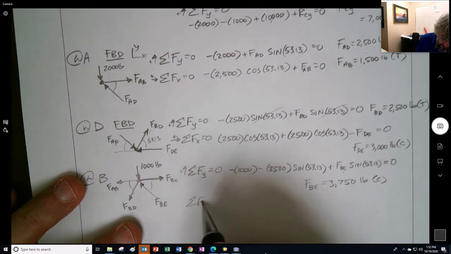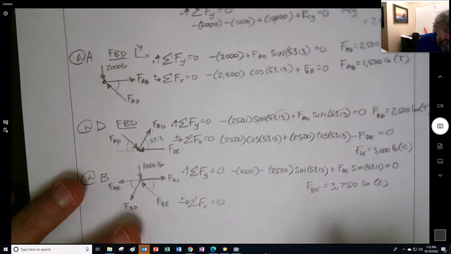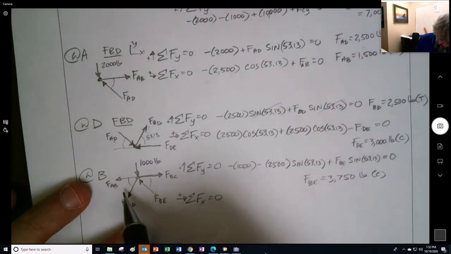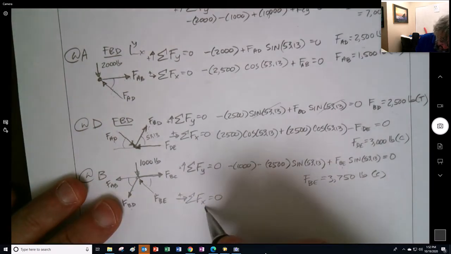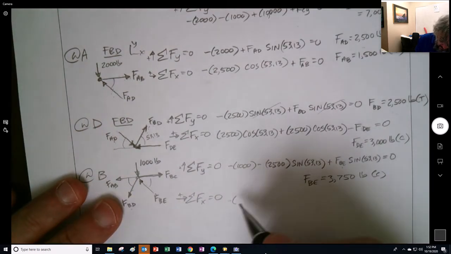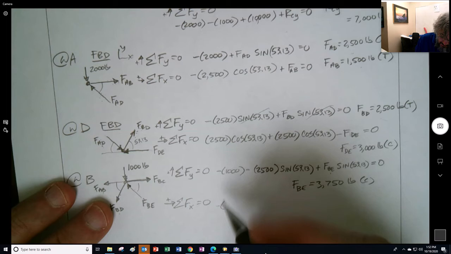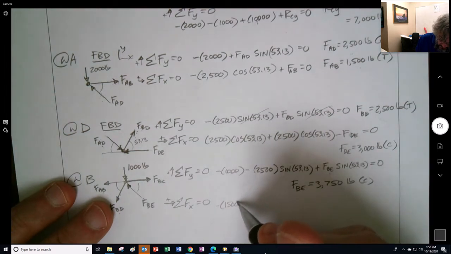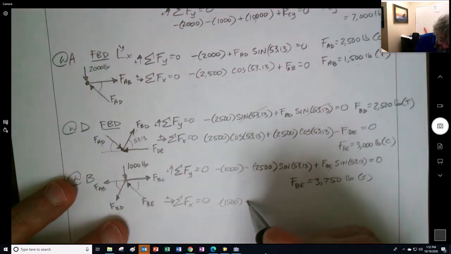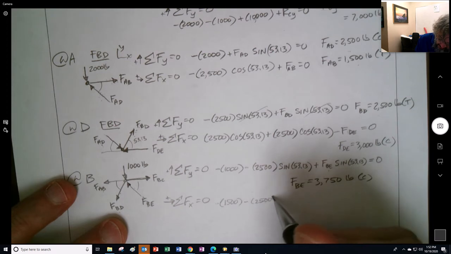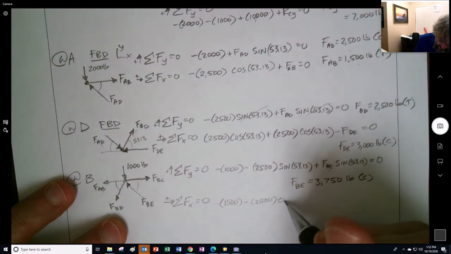Sum of the forces in the x direction. We know that FAB is a negative. Is that the 1,000? No, the FAB is the 1,500. The negative x direction. FBD is also, that's the 2,500. But we want the cosine of our 53.13.